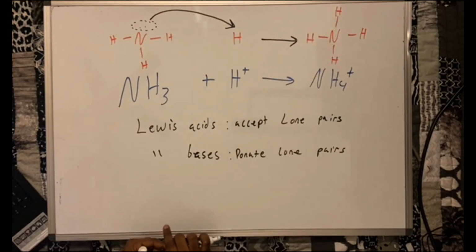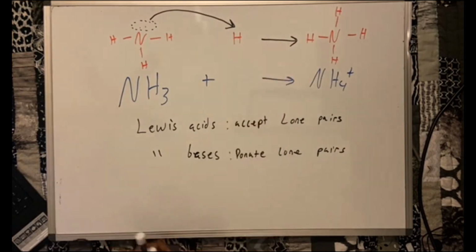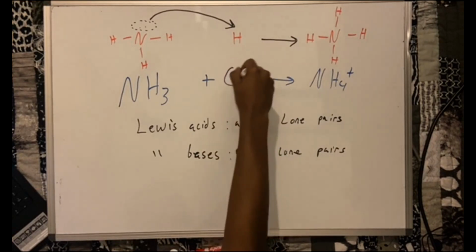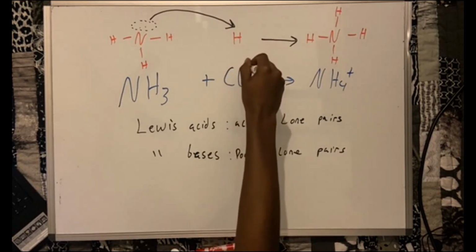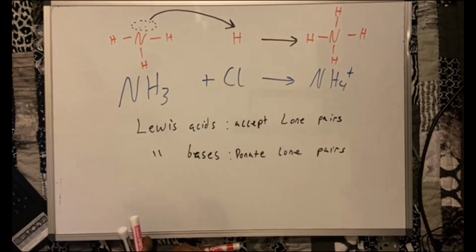With this acid base system, do you have to have hydrogen, or can it be any compound? That is a good observation. I do not have to have a hydrogen. I could put Cl right here. We'll just do regular Cl, we'll pretend like that works.